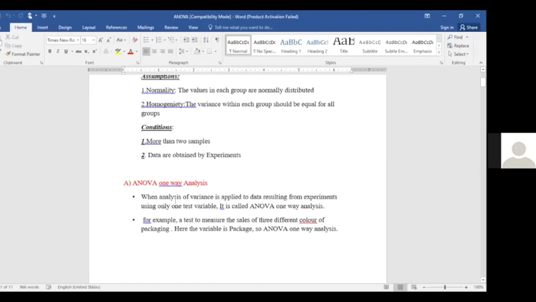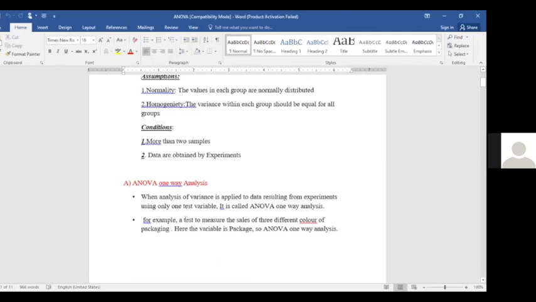Now when analyzing using only one test variable, this test variable may be only stress, or anxiety, only one, or opinion towards online teaching. So one variable only.